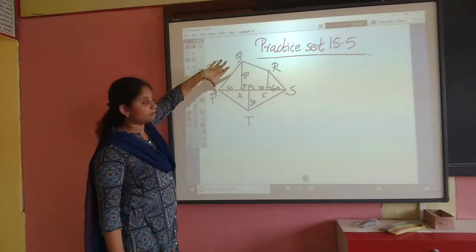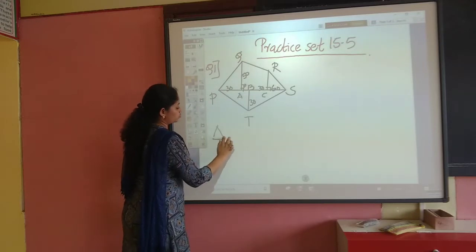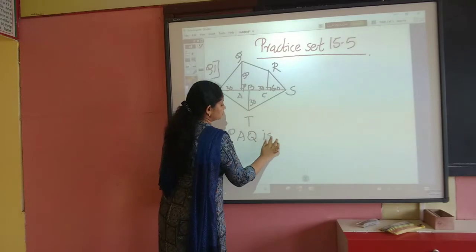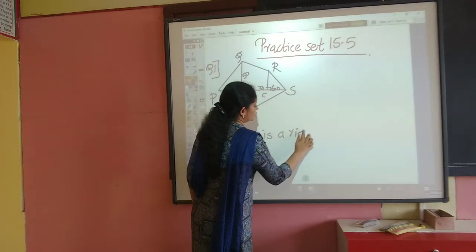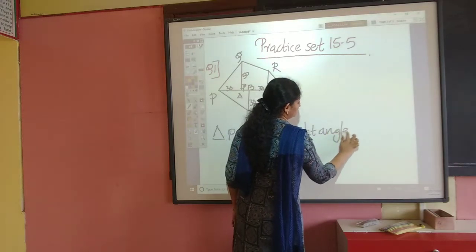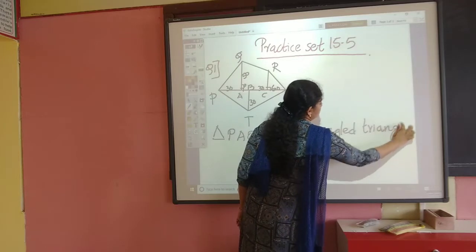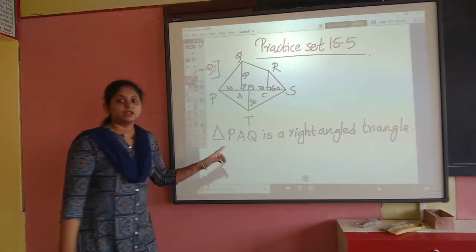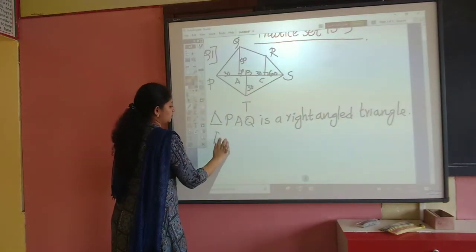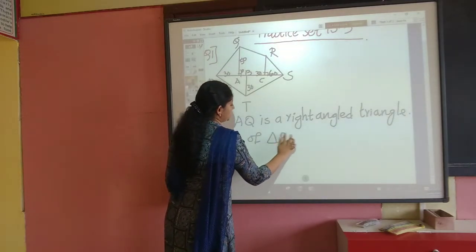First we will take triangle PAQ. It is a right angle triangle, so you have to write triangle PAQ is a right angle triangle. This is a right angle triangle, so we are going to use the formula for the area of triangle PAQ.